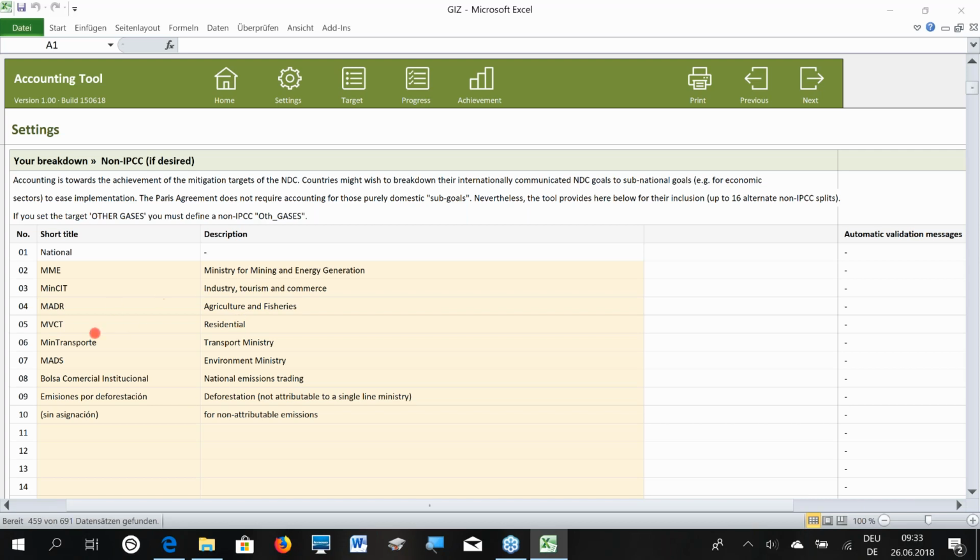And here we defined those targets. Just taking up again this other gases case, if you would have other gases like black carbon that are not yet within the IPCC categories of GHGs, then you would add them here. This is something I can shortly show.